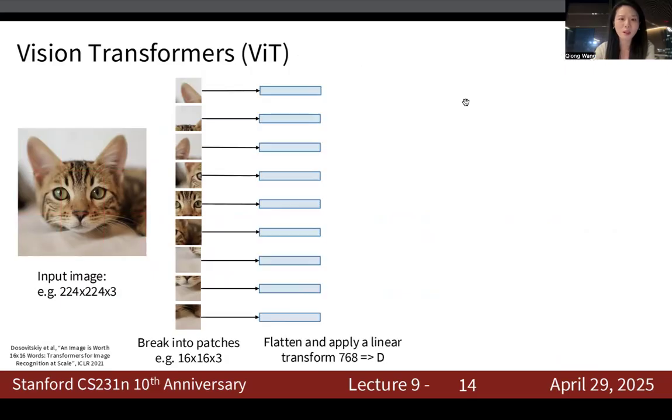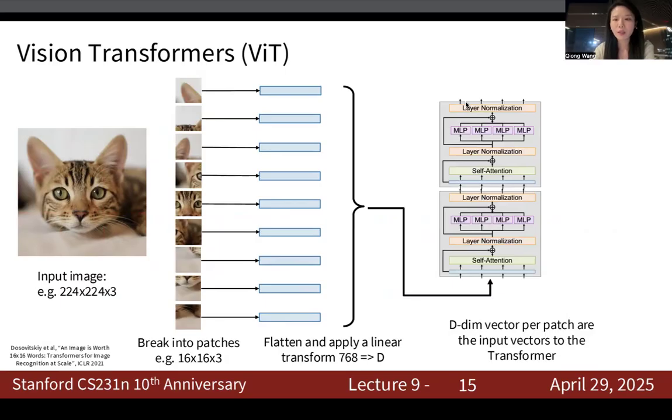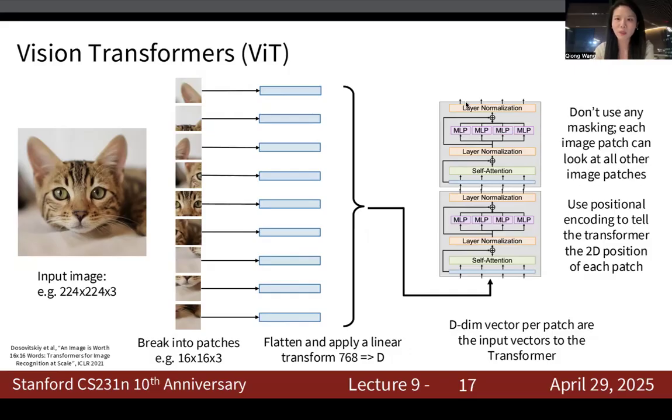Okay, the first part is to patch the image and apply a linear transformation, and then the dimension vector per patch is the input vector to the transformer, and we use the positional encoding to tell the transformer the 2D position of each patch. And we don't use any masking. Each image patch can look at all the other image patches.